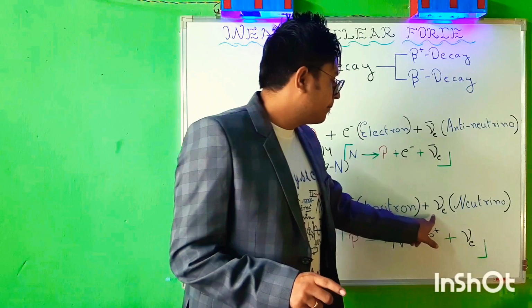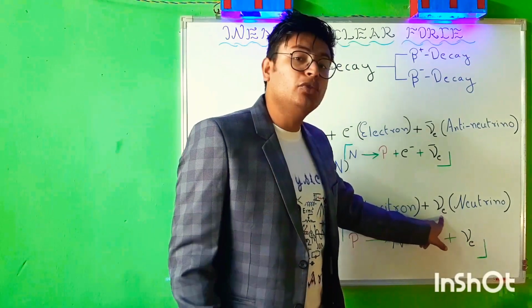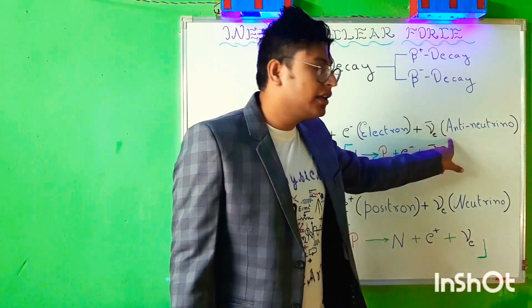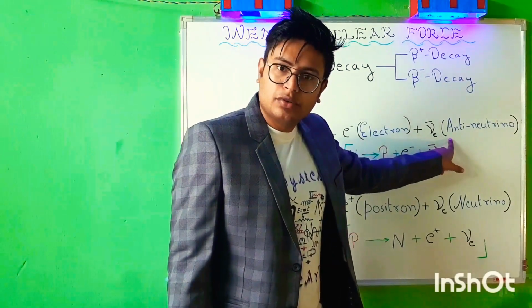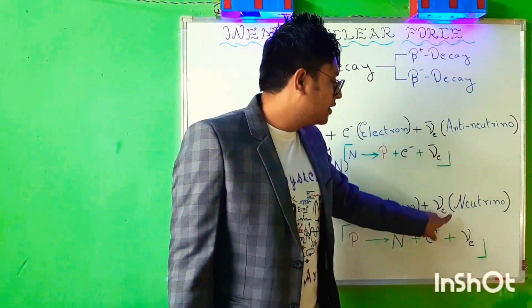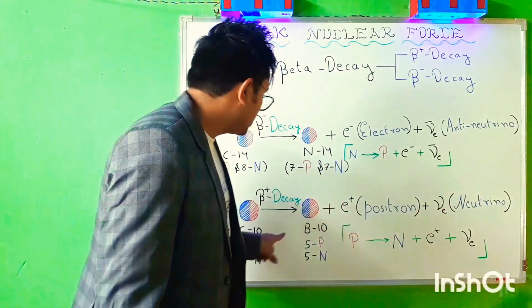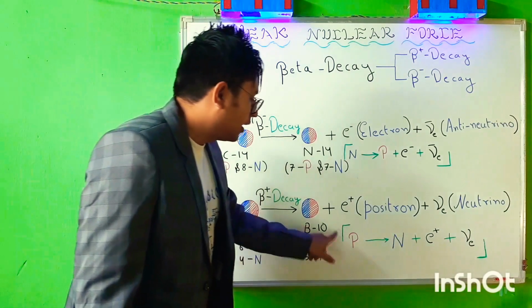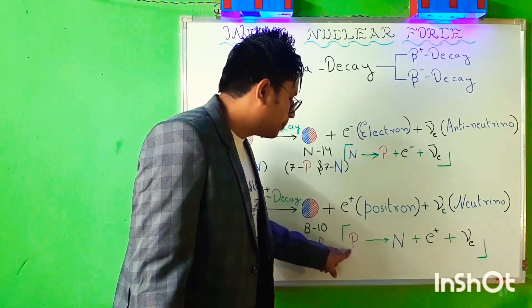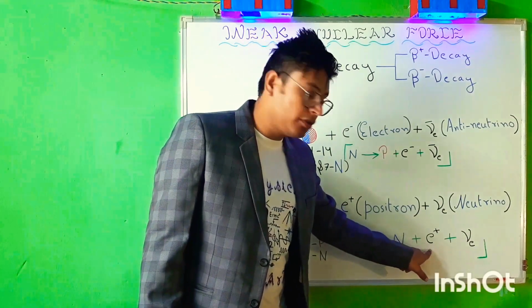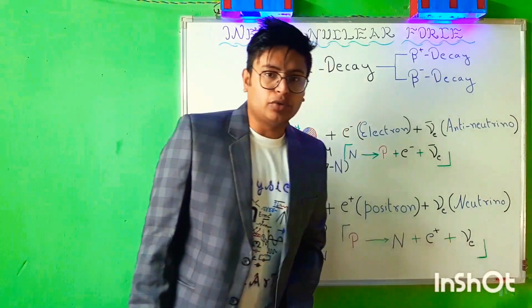And then plus a neutrino. In the previous case, in beta minus, we had an antineutrino. In this particular case, we have a neutrino. So this is your beta plus decay, and making it precise, a proton is changing into a neutron, giving us a positron plus a neutrino.